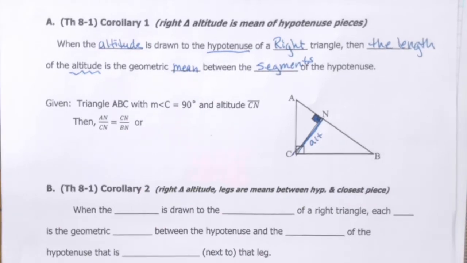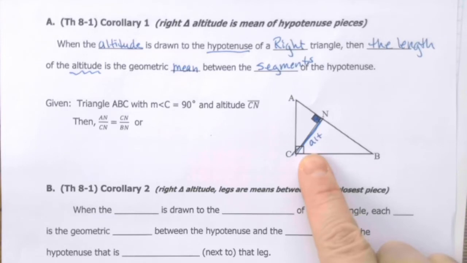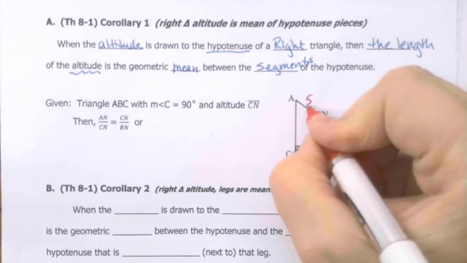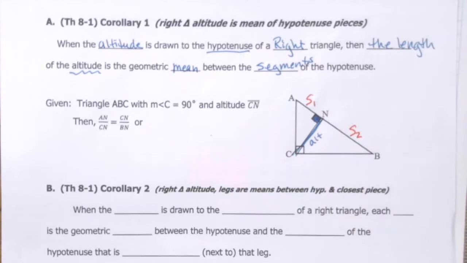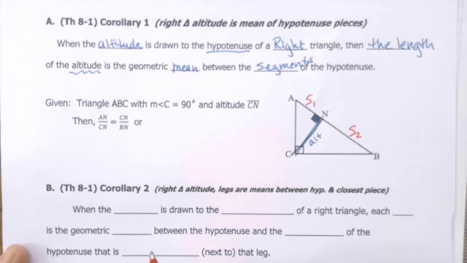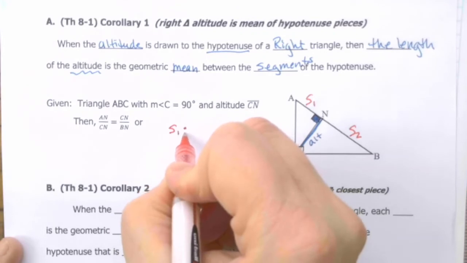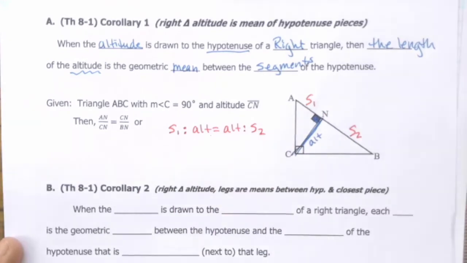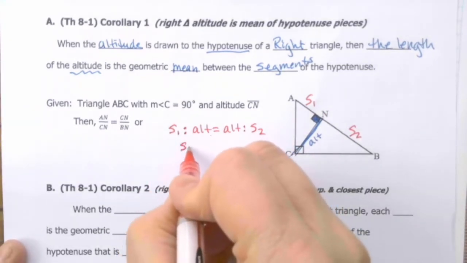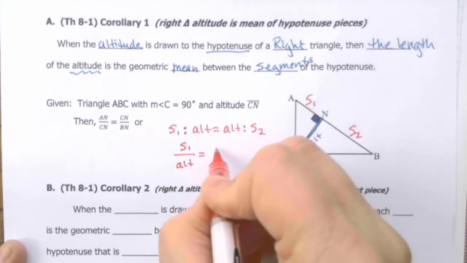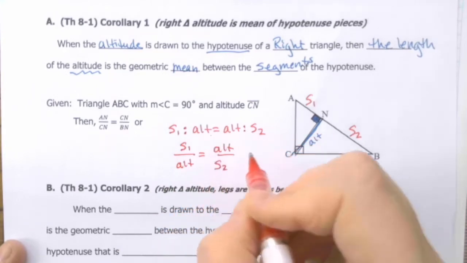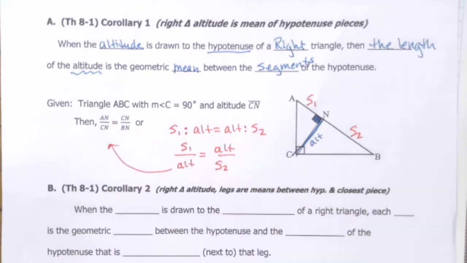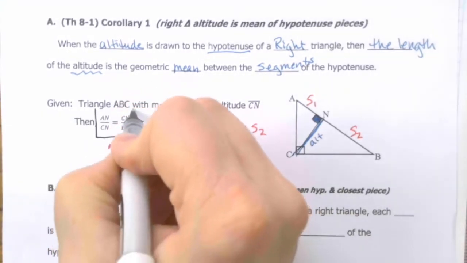So this is saying that the length of the altitude is the geometric mean between the other segments. So the altitude is the mean, and then the segments we're talking about are the small segment and the big segment. So if the altitude is the mean, remember means are in the middle, segment 1 colon altitude is going to be equal to altitude colon segment 2. Altitude is the mean. So your equation is segment 1 over the altitude equals altitude over segment 2, which is exactly this formula, but this one has the letters on it.